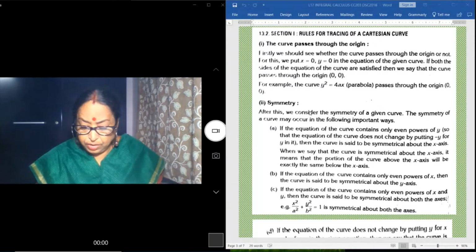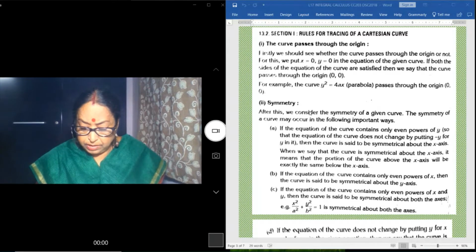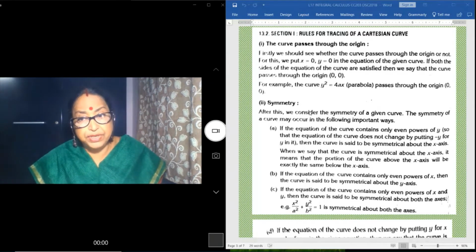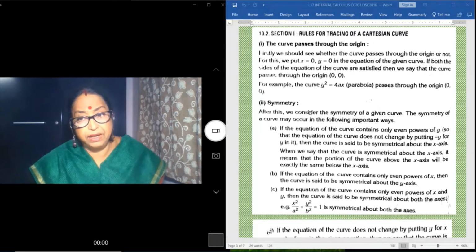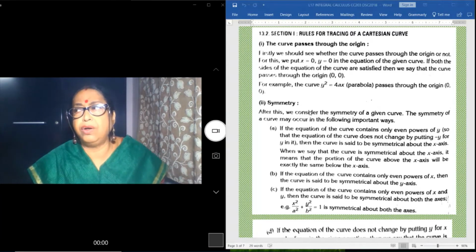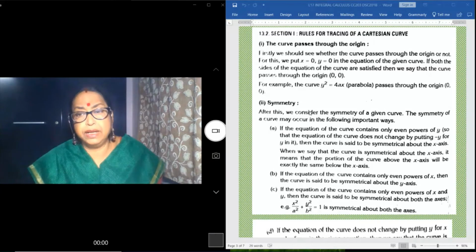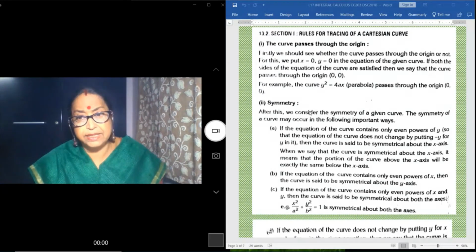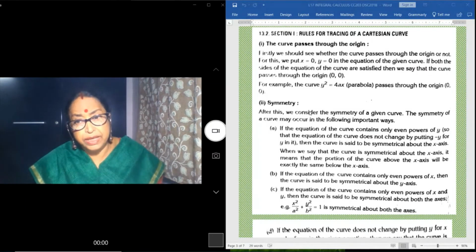Second, we check whether the curve is symmetrical or not: symmetrical about the x-axis, about the y-axis, or about any line.